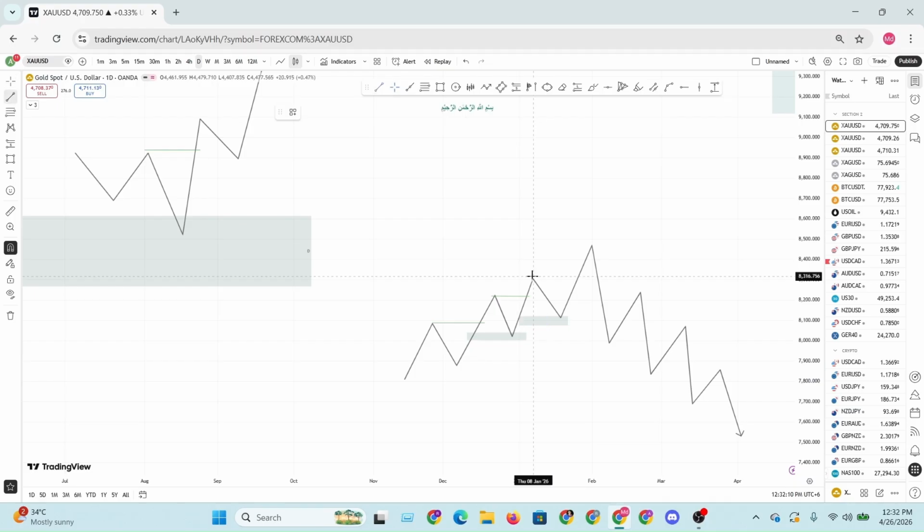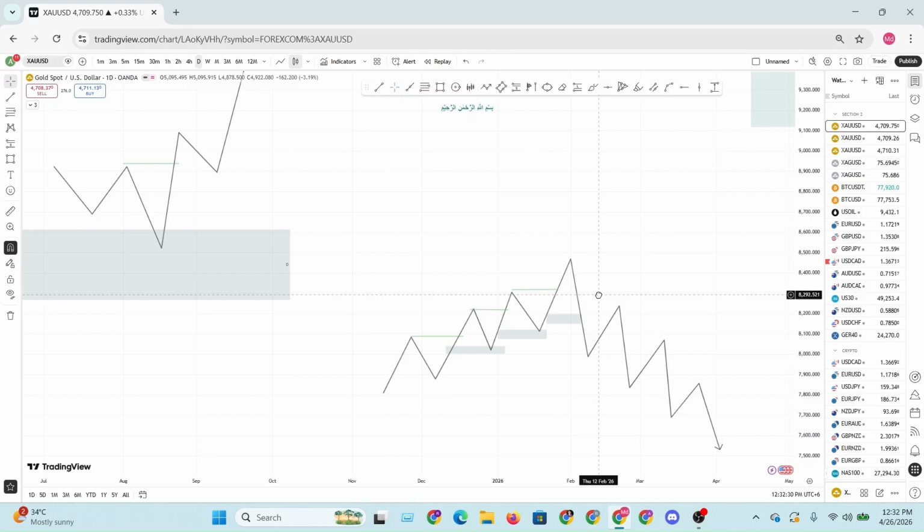And when this level goes, we again take entry from there. But what happened? It didn't give us entry. It broke this level, so it shifted the market structure.